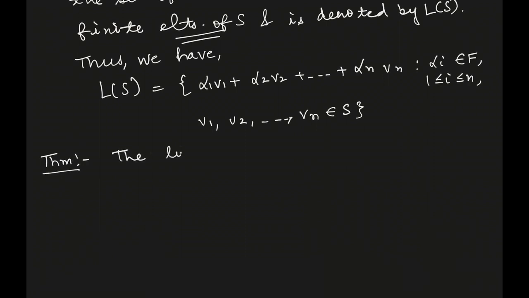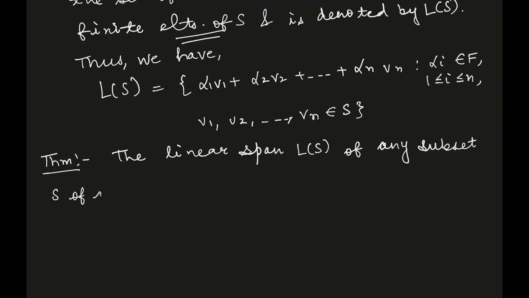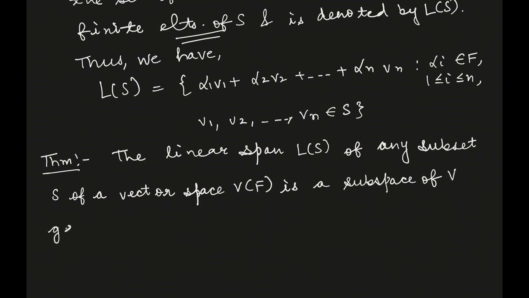The linear span of any subset S of a vector space VF is a subspace of V generated by S, that is L(S) is equal to this.